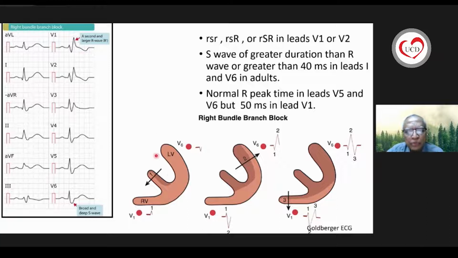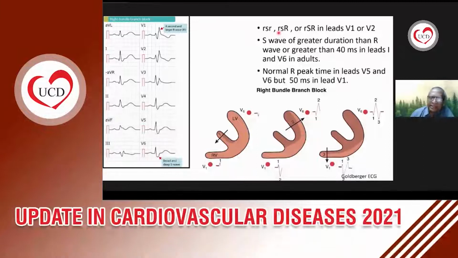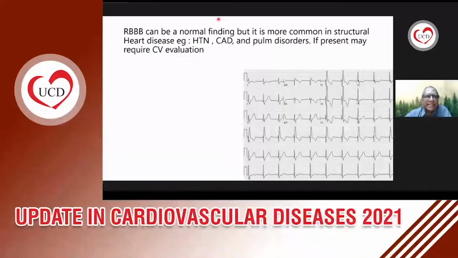As you all know, the initial vector in a right bundle branch block, this is the sternum, this is the vertebra, and in all of us, the activation is from left to right of the septum, which inscribes a small r, and then a very delayed activation of the right ventricle leads on to the R prime, which is very tall and delayed. So that defines the right bundle branch block in terms of electrophysiological characteristics.